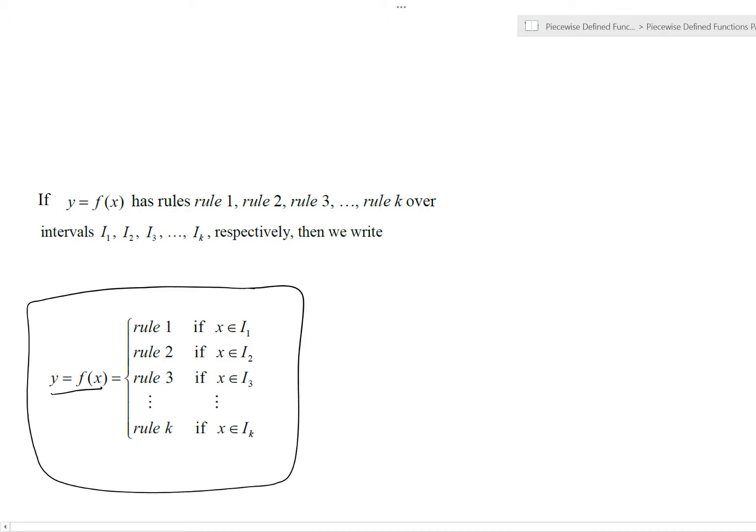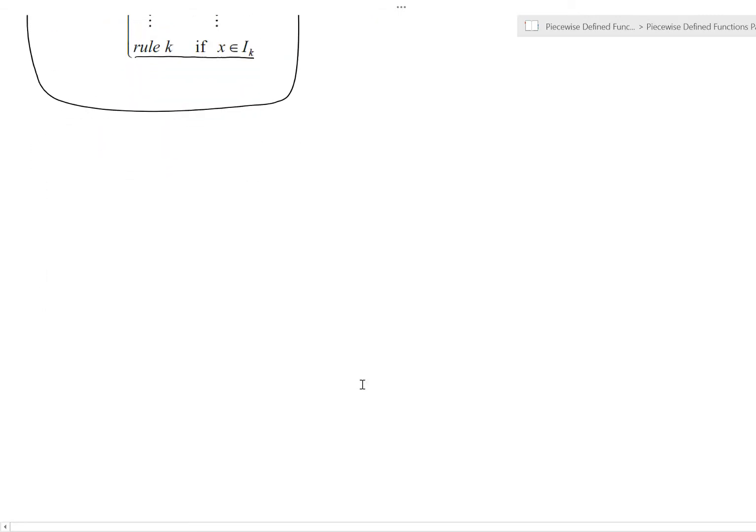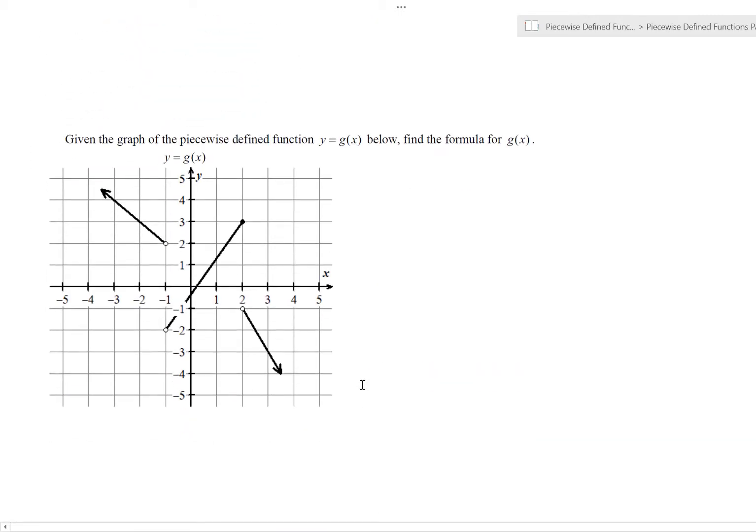A piecewise function is some function which has different rules over different intervals in its domain: some rule 1 over interval 1, rule 2 over interval 2, rule 3 over interval 3, etc., all the way down to some rule k on some interval I sub k. We looked at this in video 1 of the piecewise functions. Right now we're going to look at an example.